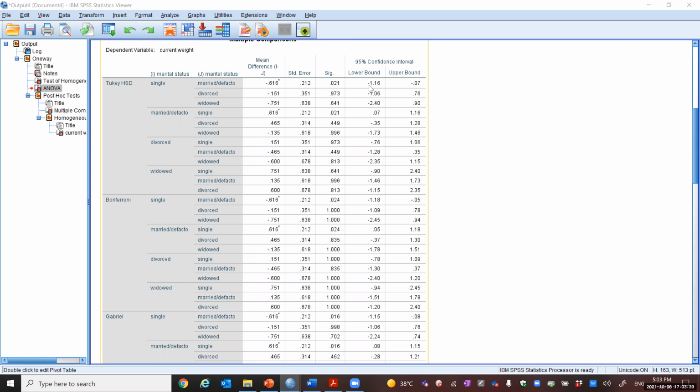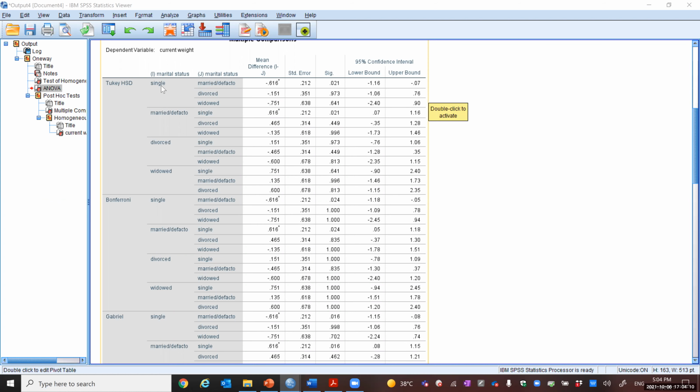If both lower bound and upper bound have the same sign, this means your p-value is significant. You can see that this is minus 1.1 and minus 0.07, both minus, and that's why you end up having a significant p-value. If you look at the second row, you see minus 1.06 and 0.76. So this confidence interval contains a zero, and that's why you see a non-significant p-value, which is 0.973.